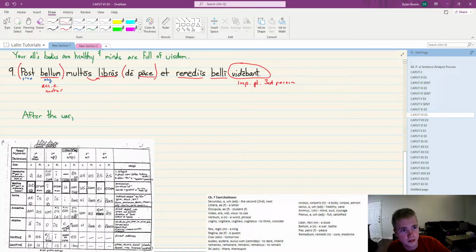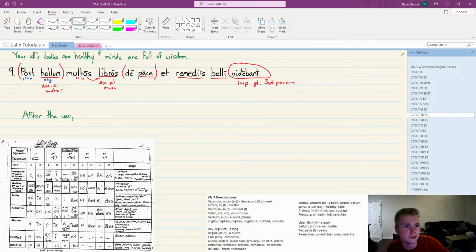Libros comes from, like you can see there, liber, libri. That puts us in second declension. Os puts us with only one option. Accusative plural, masculine. Same thing for multos, right? Noun adjective agreement, meaning many or much.